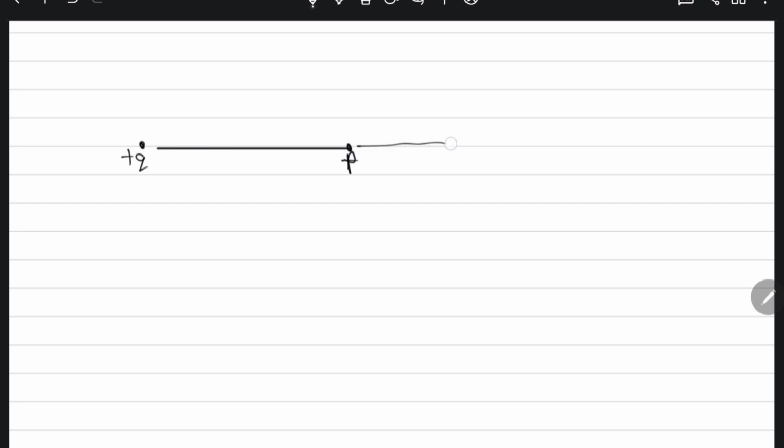I bring a positive test charge from very far away, meaning the test charge is not disturbed by this electric field. We bring this test charge from very far away to this point in the electric field region. Whatever work is done in bringing the test charge into the electric field is in the form of potential energy.